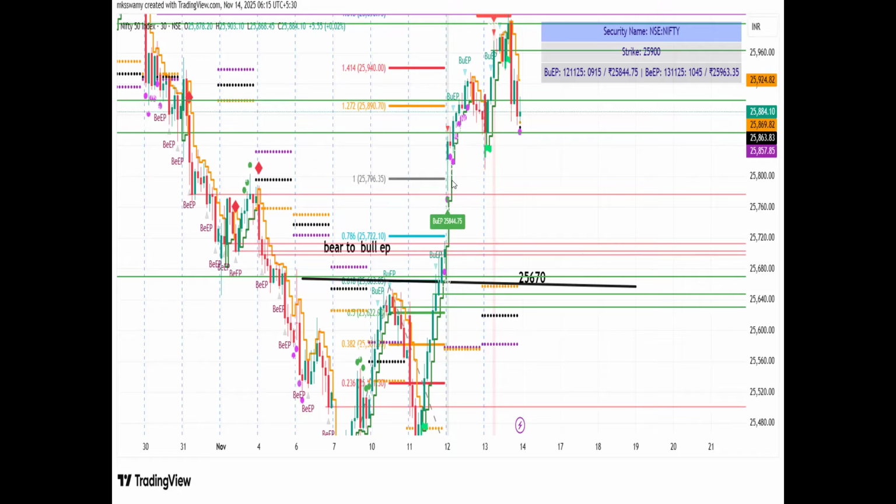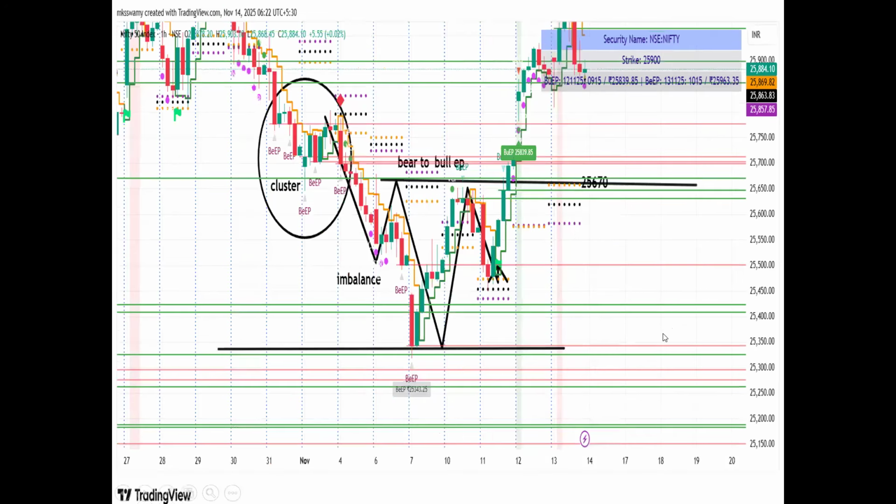Who can do that? Only big money can cross this cluster and create a new level. Market gapped up from this level. Instead of slowly going through it, it jumped from the bear to the bull EP. In this example, this is the bear cluster, and from the bear cluster the market created an imbalance.